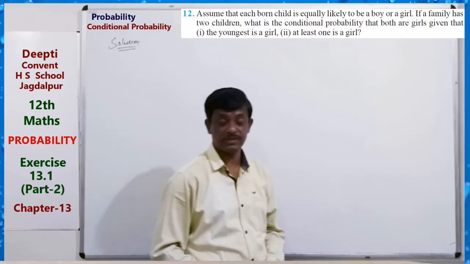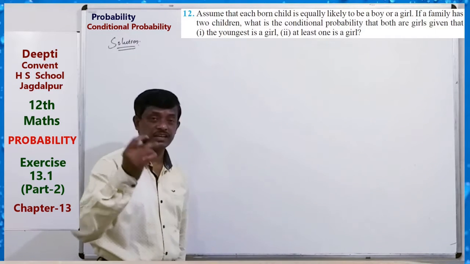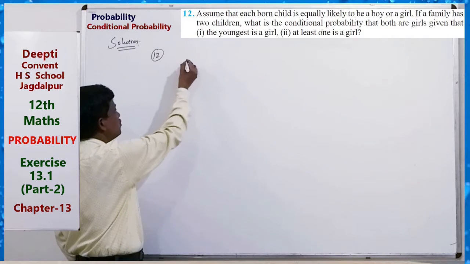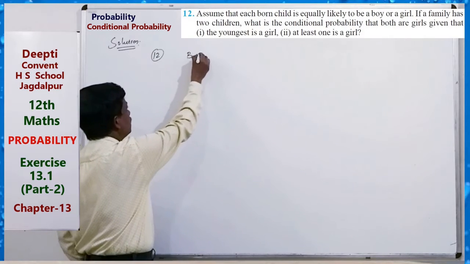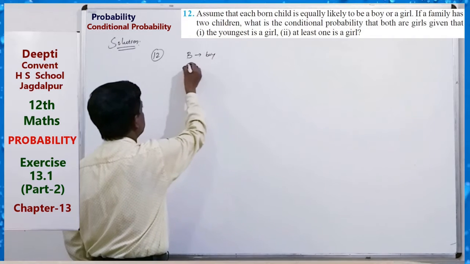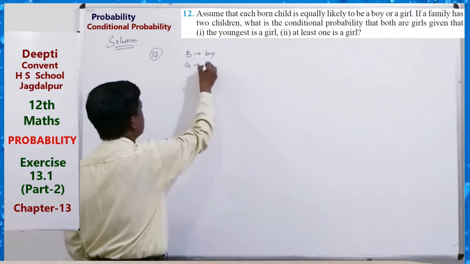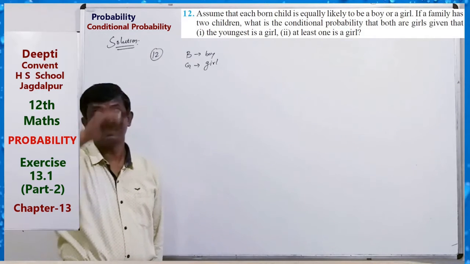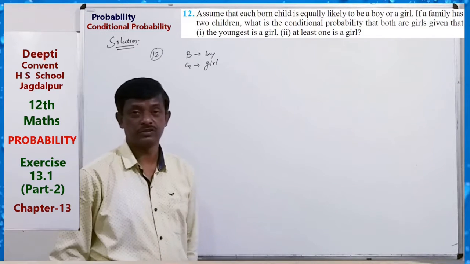write the sample space first of all. Let us suppose B is boy and G is girl, just in short. So here 2 children are there. What is the sample space?